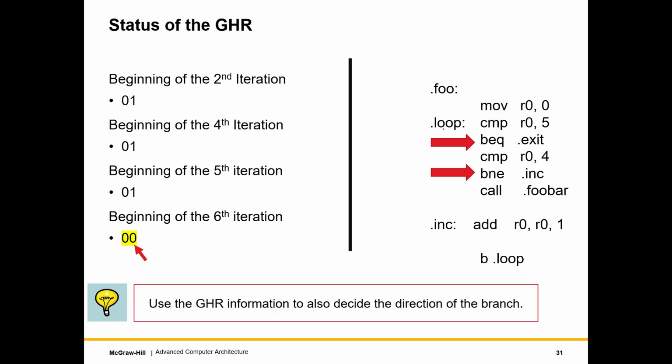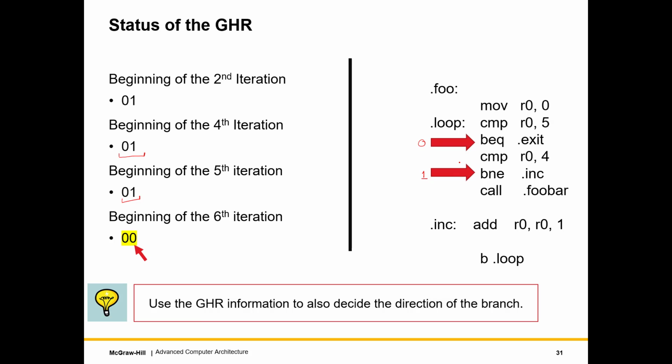At the beginning of the second iteration, the last branch would have been taken, and the one before that would have been not taken. So the status that we would record is 0, 1. Even at the beginning of the fourth iteration, it would be 0, 1. Even at the beginning of the fifth and last iteration, it will also be 0, 1.